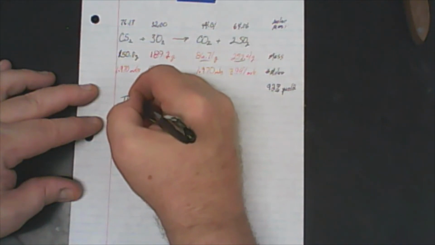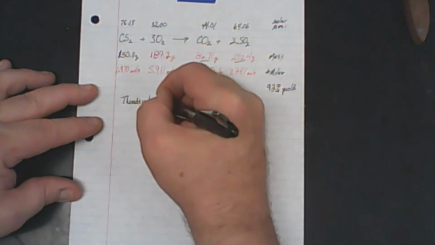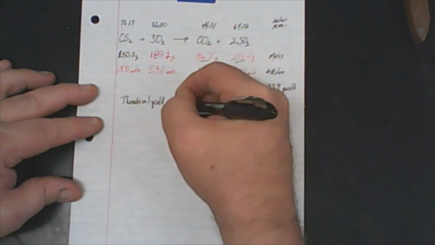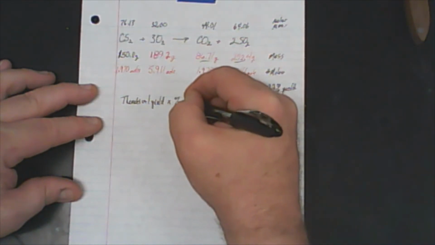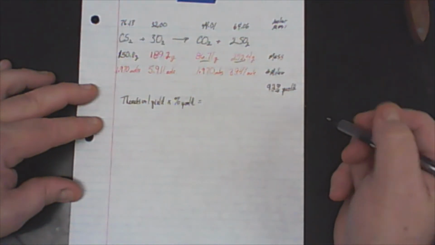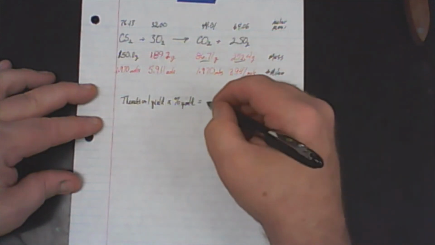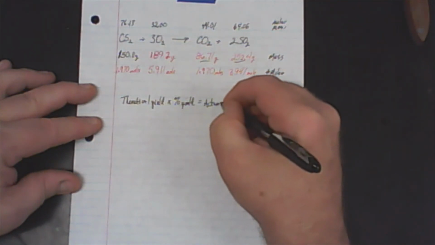Theoretical yield times the percent yield equals the actual yield.